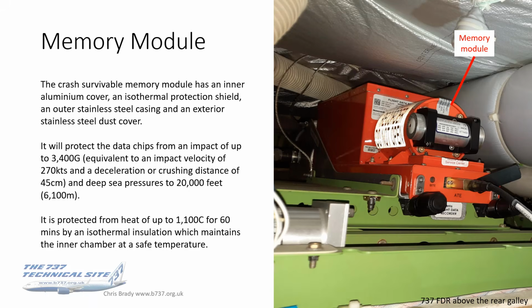They're also protected from heat of up to 1100 degrees centigrade for an hour by an isothermal insulation, which keeps the inner chamber at a safe temperature. And the photo, by the way, is of the FDR in the 737, where it's located above the rear galley. So there's a hatch there above the rear galley that you can open and just see it.